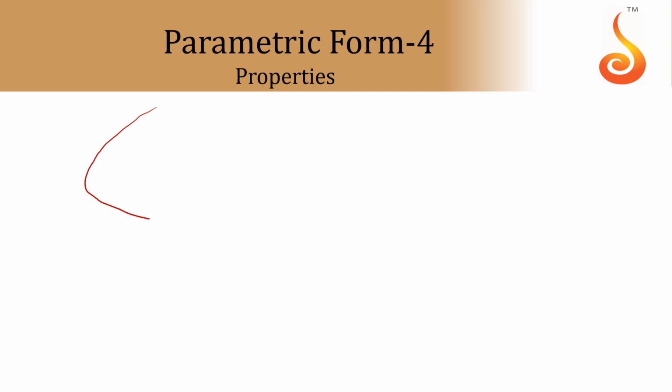If you take a parabola, at t you are drawing a normal. So I can call this a normal chord. If the normal chord subtends 90 degrees at the vertex, then t square will be 2.